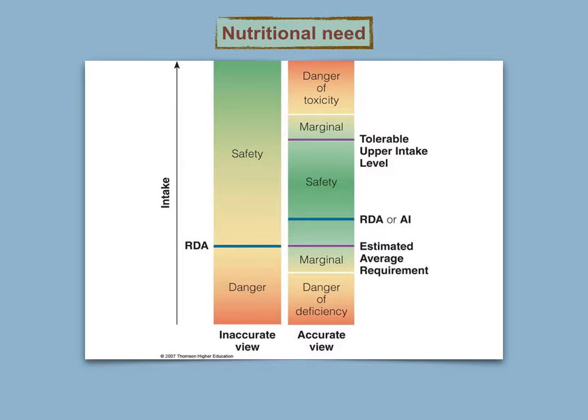There is a recommended daily diet, which should fall into the safety range. Furthermore, there is the estimated average requirement. If we don't get sufficient food and nutrients, then we may suffer from deficiencies.